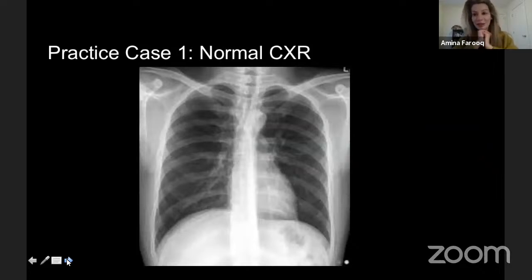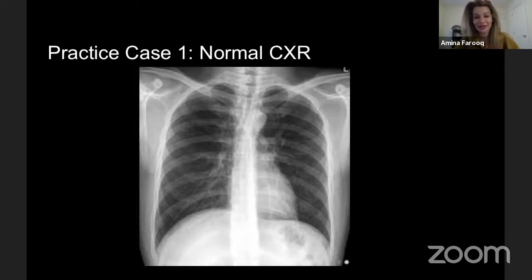You guys can type in the chat box the answer to some of the questions. So I'm just going to ask you guys, this is a normal chest x-ray. So that's the modality. Can anybody tell me what imaging plane we're looking at this in? So we talked about coronal, sagittal, we talked about axial. What projection is this?